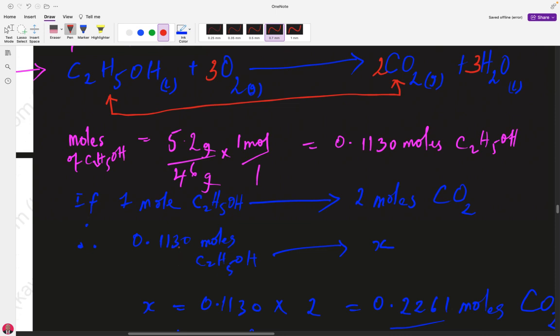Then this number of moles, that is 5.2 grams of ethanol that was burnt, will produce a certain number of moles of carbon dioxide.